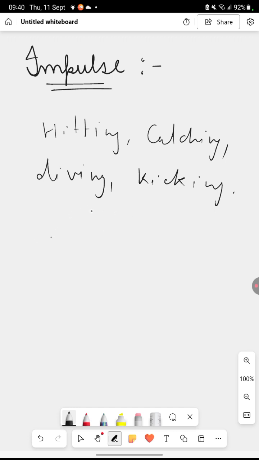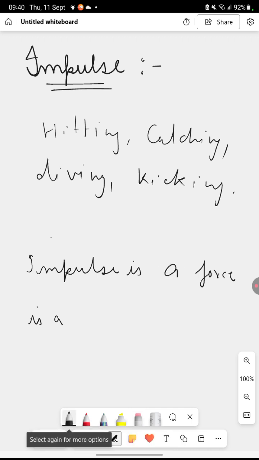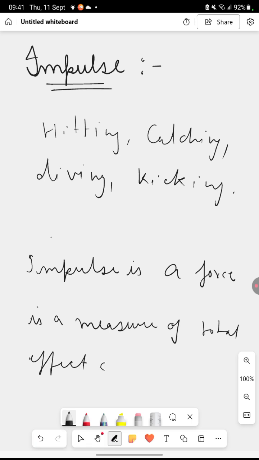Impulse can be defined as follows: the impulse of a force is a measure of the total effect of the force.